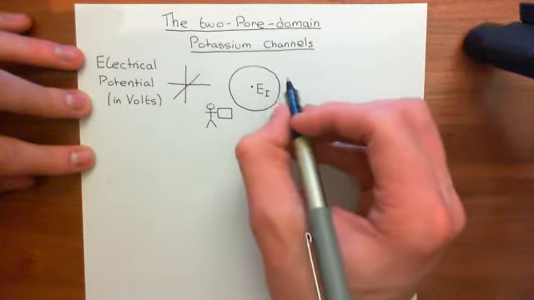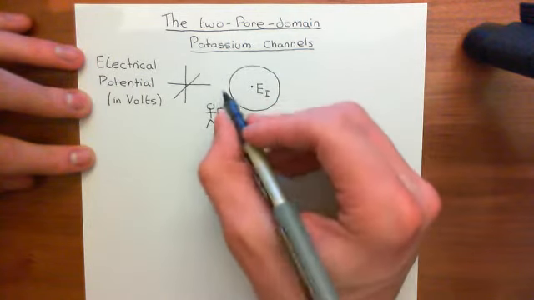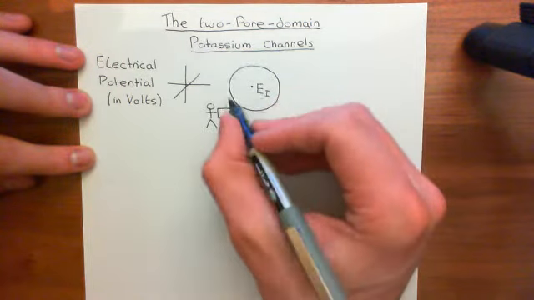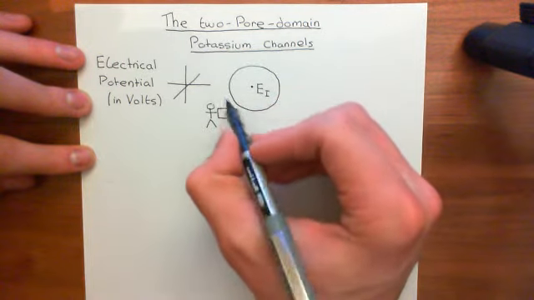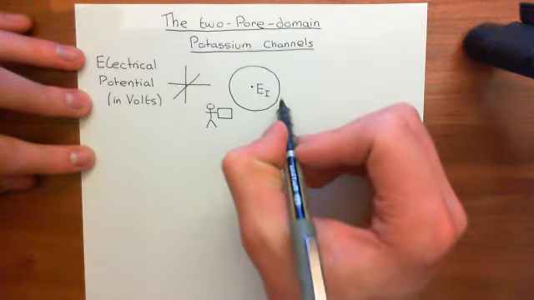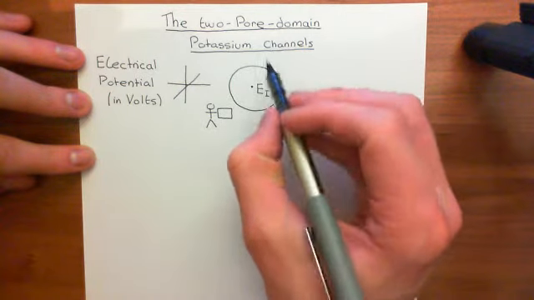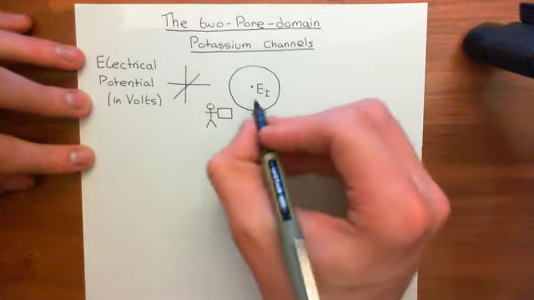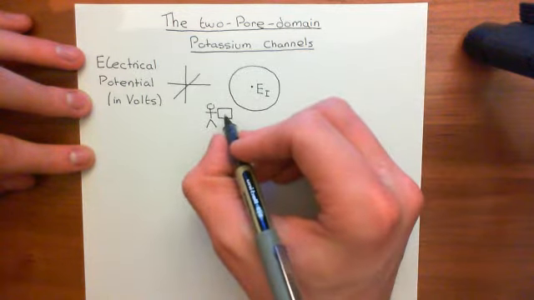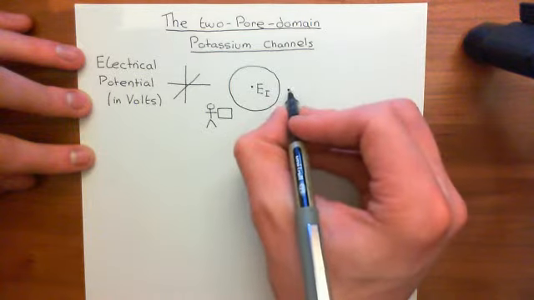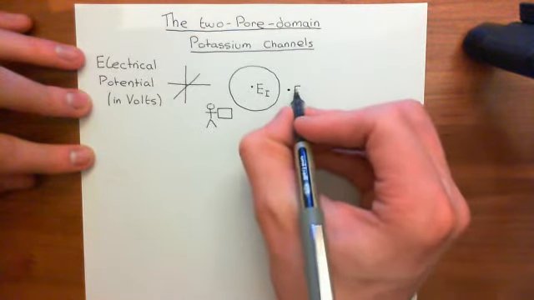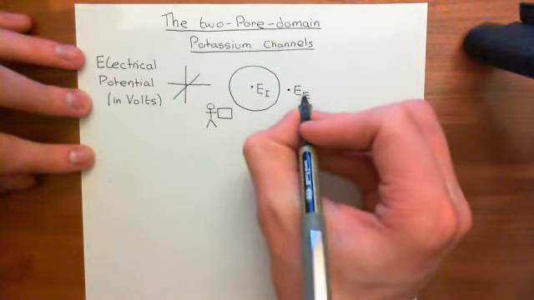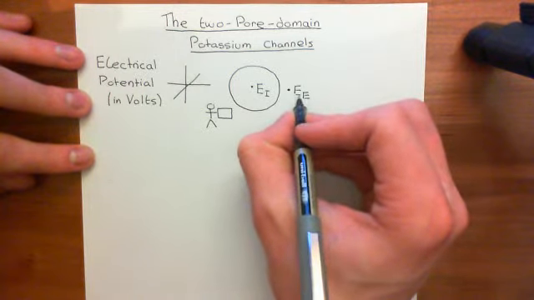Also, the extracellular fluid is in electrical equilibrium. All the points of the extracellular fluid will also have the same electrical potential. So if the little man wandered around in the extracellular fluid, again, the number on his screen would not change. We'll call that capital E for electrical potential, with subscript E to mean extracellular.